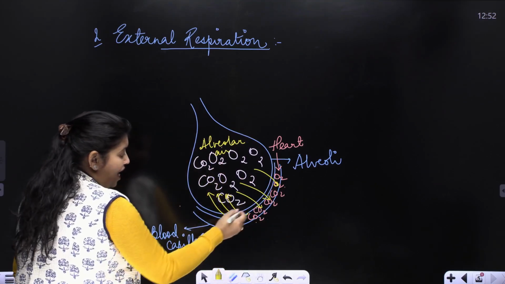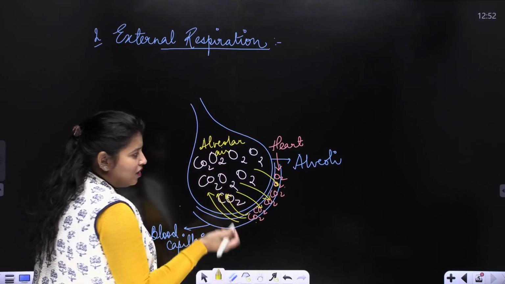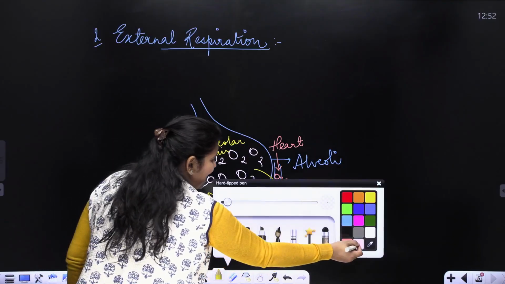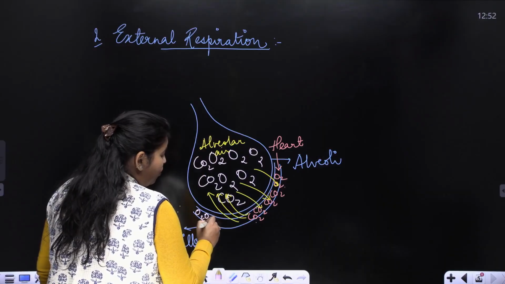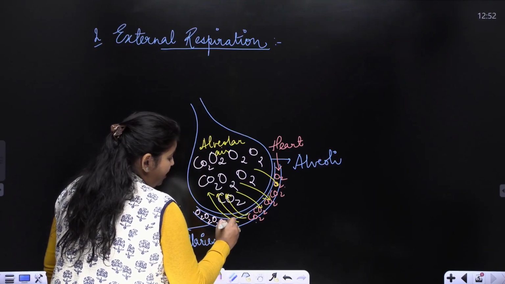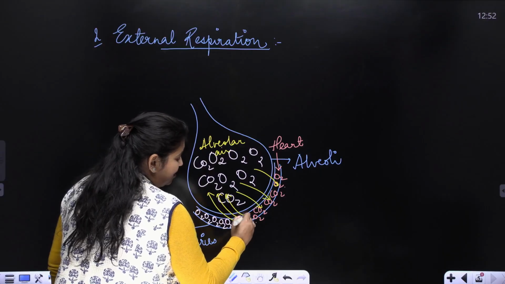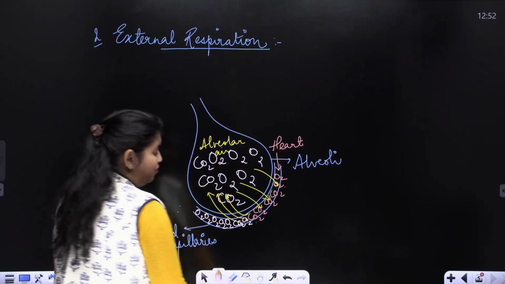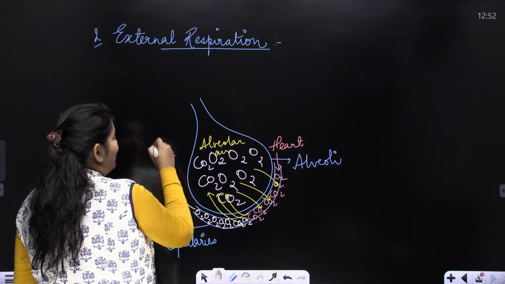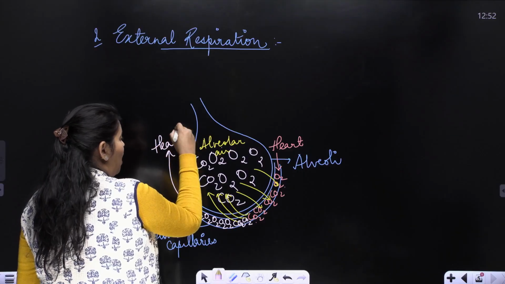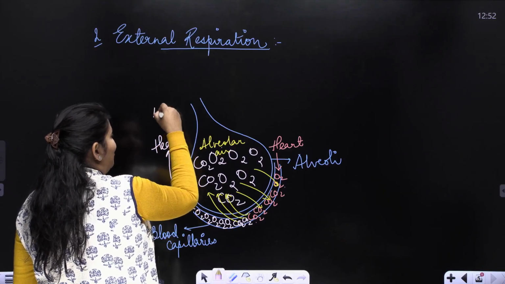All right. And now what is going to happen to the blood? Obviously, the blood gets oxygenated and it has more oxygen than before and lesser carbon dioxide than before. All right. And this blood is sent back to heart in the left auricle.